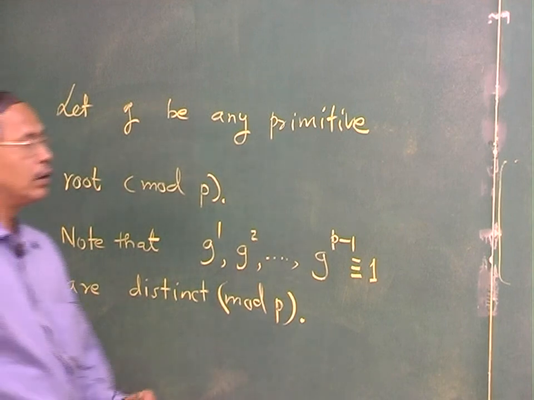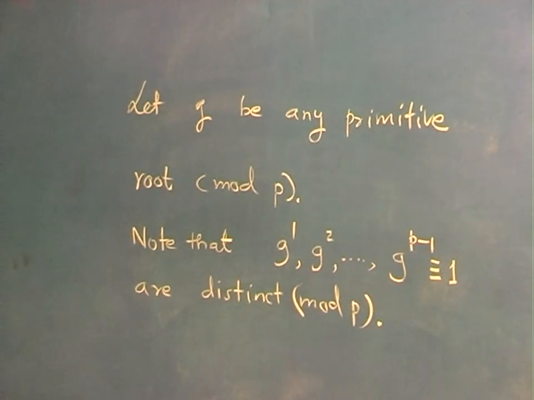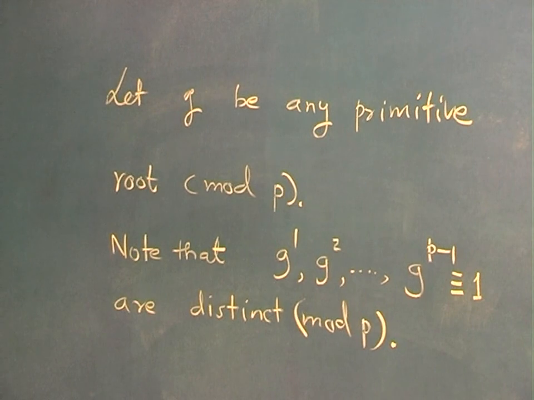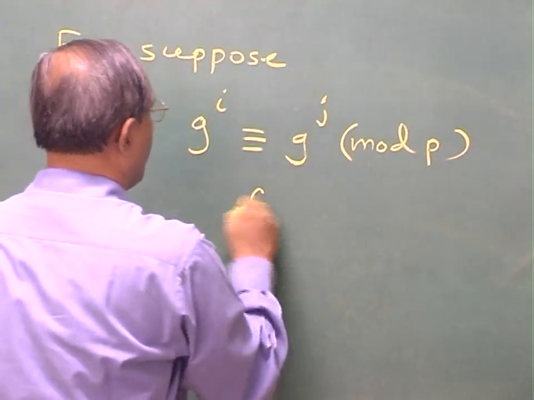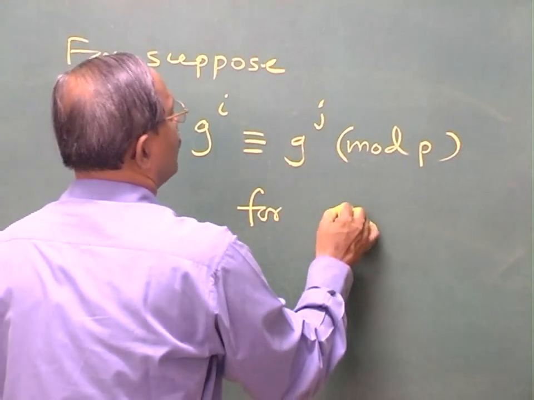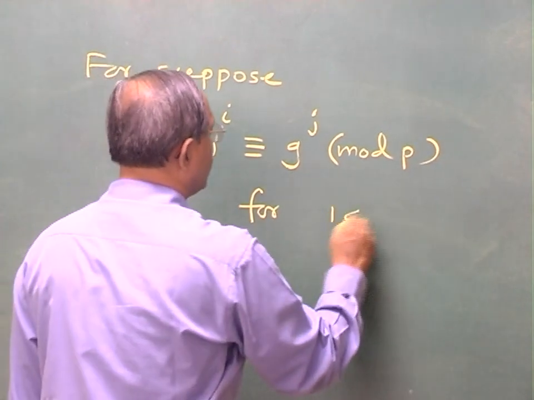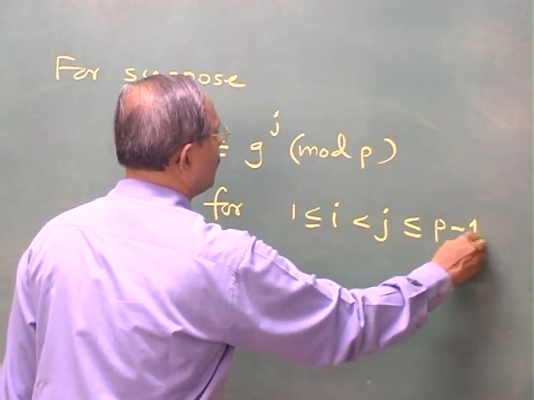Why are they incongruent? Suppose two of them are congruent. Suppose G raised to I is congruent to G raised to J mod P, where one of them is smaller, let us say 1 less than or equal to I less than J less than or equal to P minus 1.